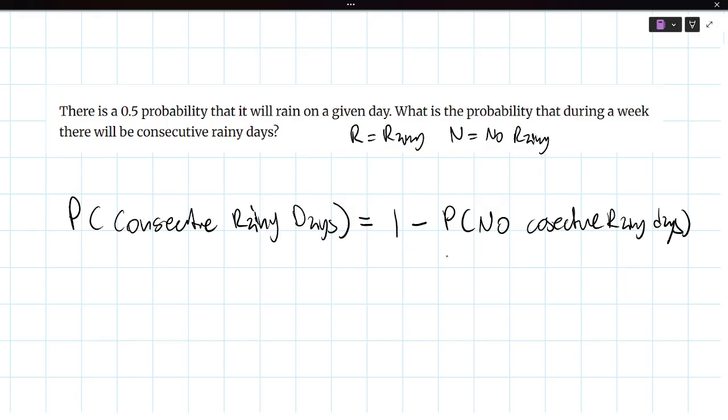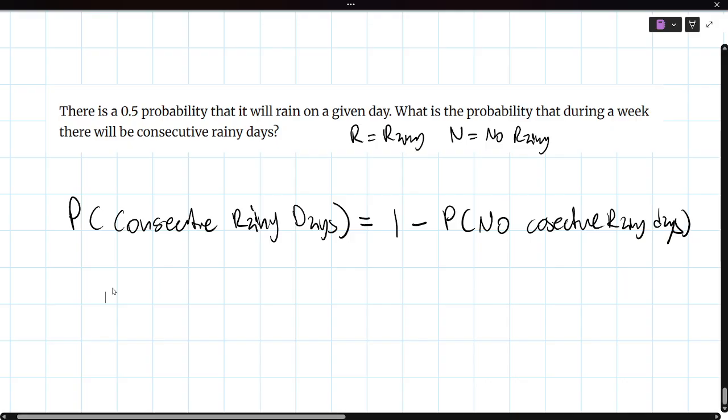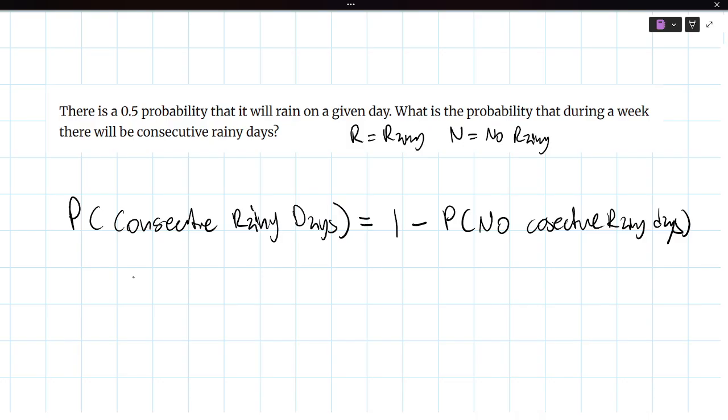And an example of non-consecutive rainy days is N, and so on. But I need to find how many of these are possible. So here is where I got stuck and I had to get a hint. And the hint was to think of a recurrence formula.